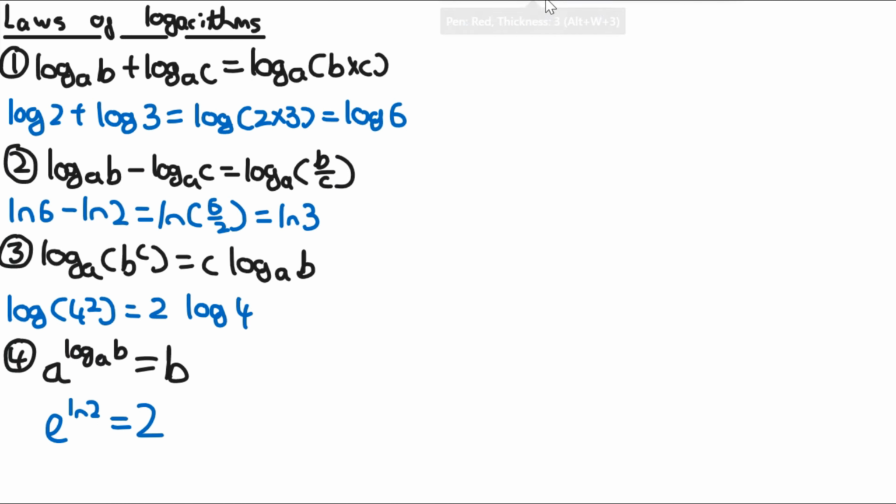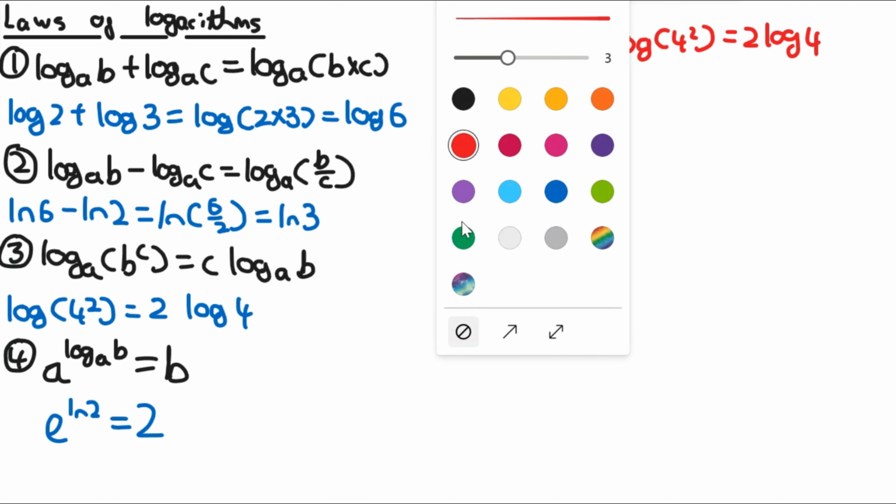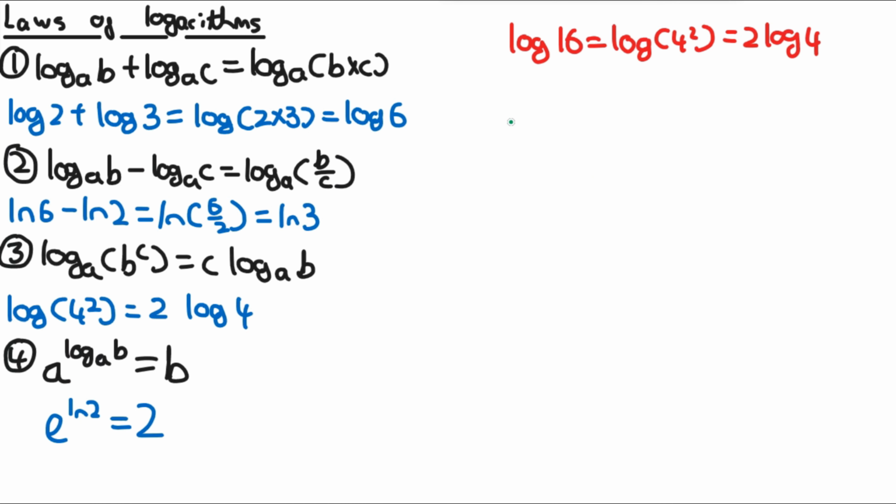Now, just in special cases to watch out for, if you have a log and a square number, such as in log 16, this can be written as the log of 4 squared, which can then be written as 2 log 4, with the 2 coming down as the coefficient using this law here. If we had a fraction in the log, so for example, the natural log of 1 over 4, this is equal to the natural log of 4 to the power of minus 1, which the same thing can be applied.